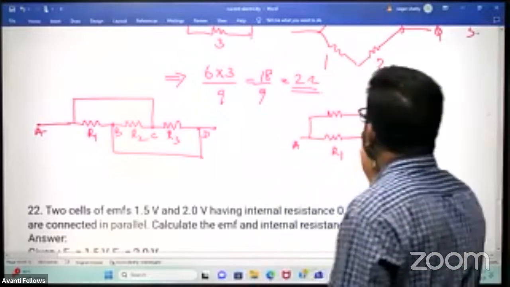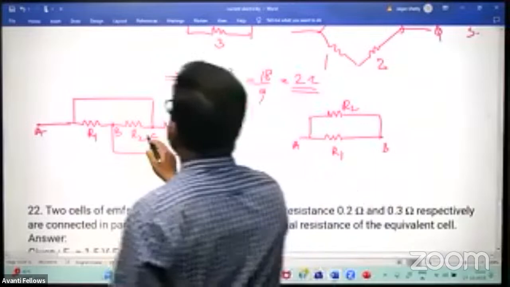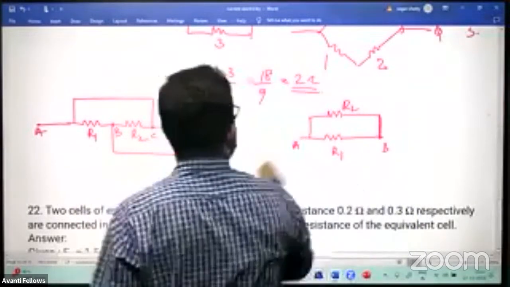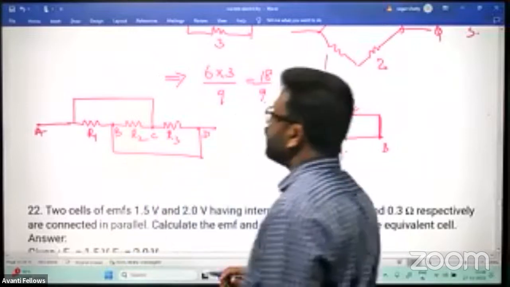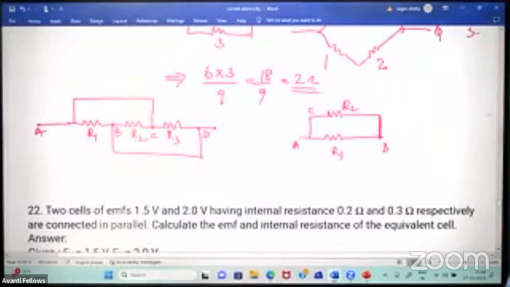Okay. So this is R2. One end of R2 is B itself. The other end of R2 is C. C is in turn connected to A. Now R3 remains.